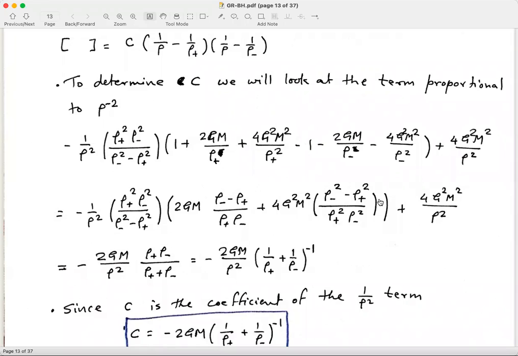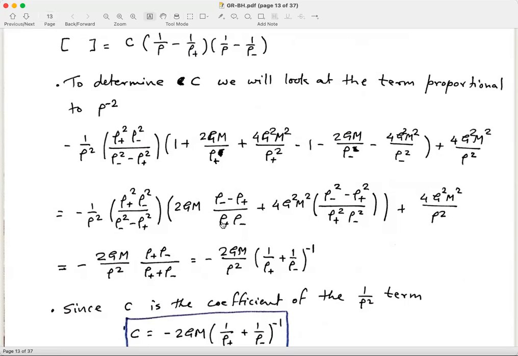Good. So you find that this term has a coefficient which exactly cancels the term sitting around here. So you get minus 1 over ρ² times 4G²M² and a plus 4G²M² upon ρ². It just cancels out and life becomes much simpler.